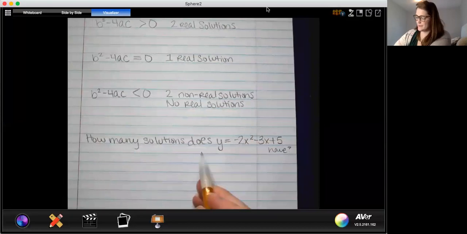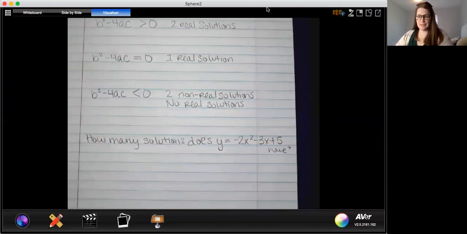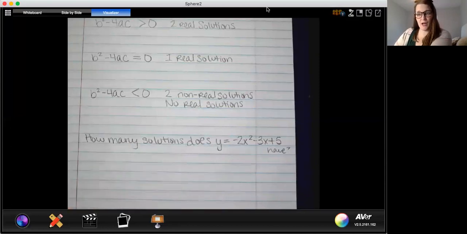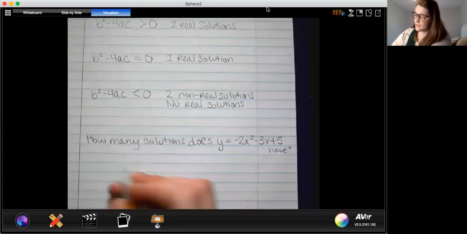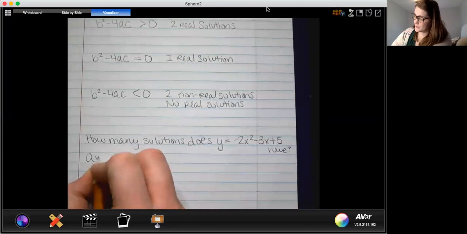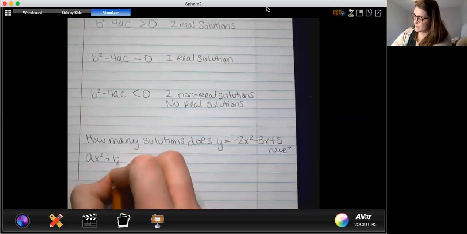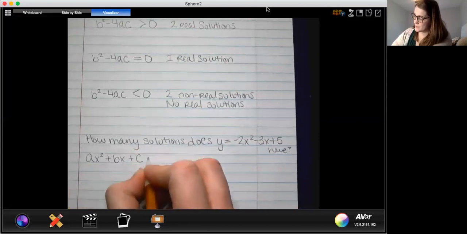Now, how does this equate to a, b, and c? Well, we have to remember our standard form for equations, which normally we would have ax plus by equals c. That's our standard for linear equations. But our standard for quadratic is ax squared plus bx plus c equals 0.